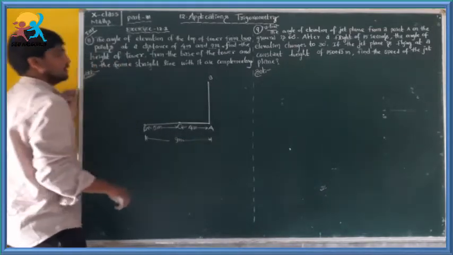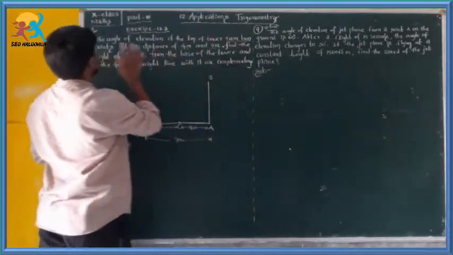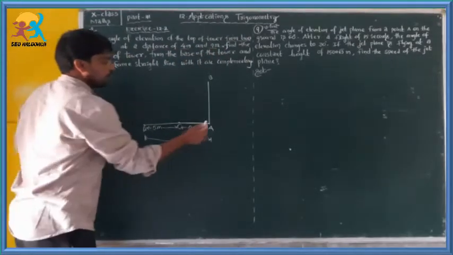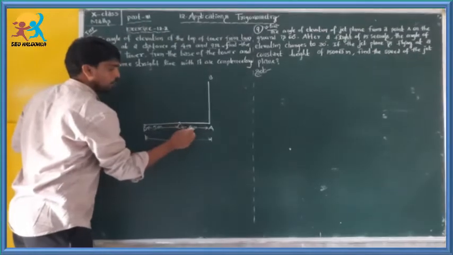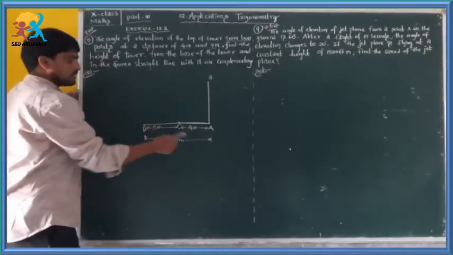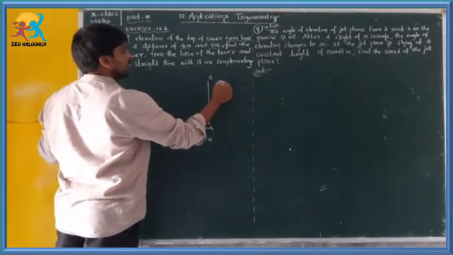What is given? The angle of elevation of the tower from 2 points at distances of 4 meters and 9 meters. Point C is at a 4 meter distance from the foot of the tower, and point D is at a 9 meter distance. Find the height of the tower.